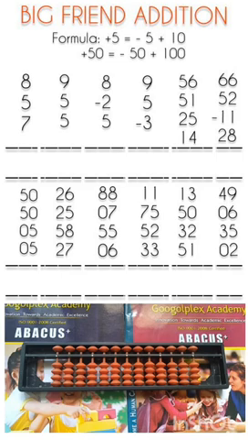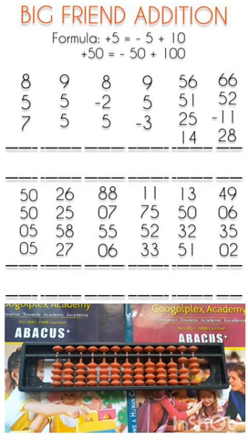Now coming to the first question. In the first question we have to solve 8 plus 5 plus 7. First number is 8. This is 5 plus 3, 8. Now we have to add 5 to this number. Addition of 5 directly is not possible, as you all can see. So here we have to apply the big friend formula of plus 5, which is minus 5 plus 10.